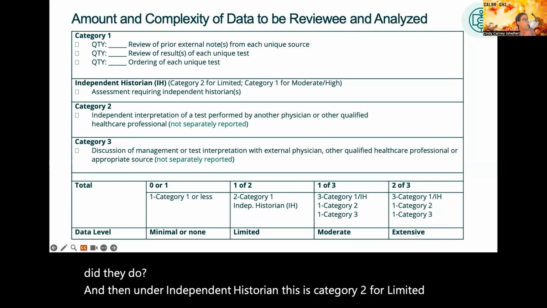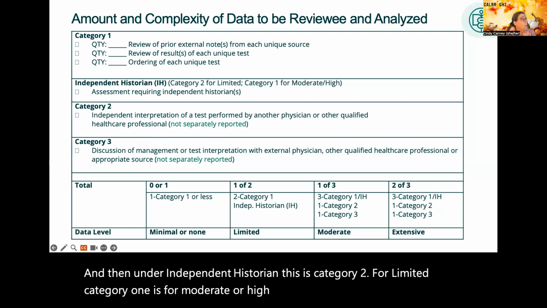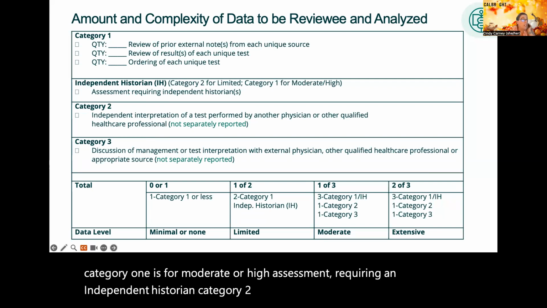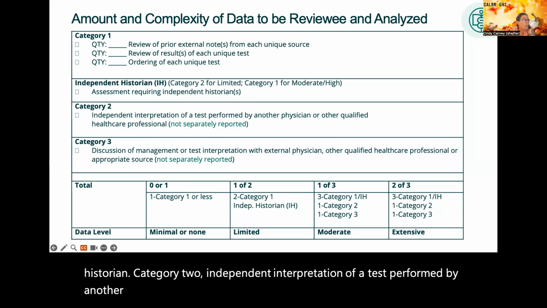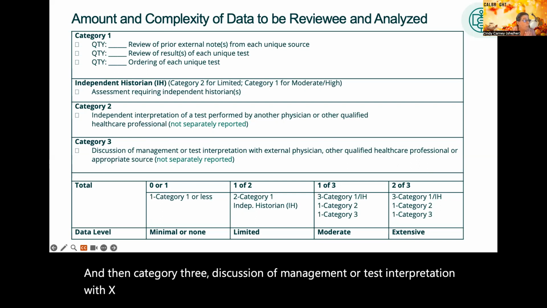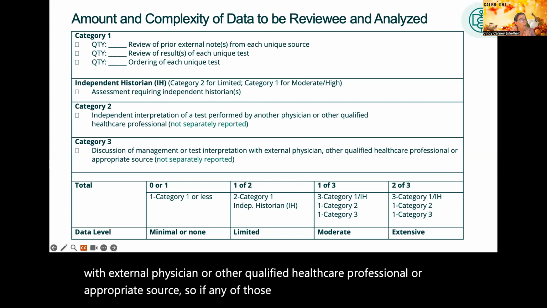Category 1 is for moderate or high: assessment requiring an independent historian. Category 2, independent interpretation of a test performed by another physician or qualified healthcare professional, not separately reportable. And then category 3, discussion of management or test interpretation with external physician or other qualified healthcare professional or appropriate source. So if any of those were done, you would mark those. If they weren't done, you would leave them blank.